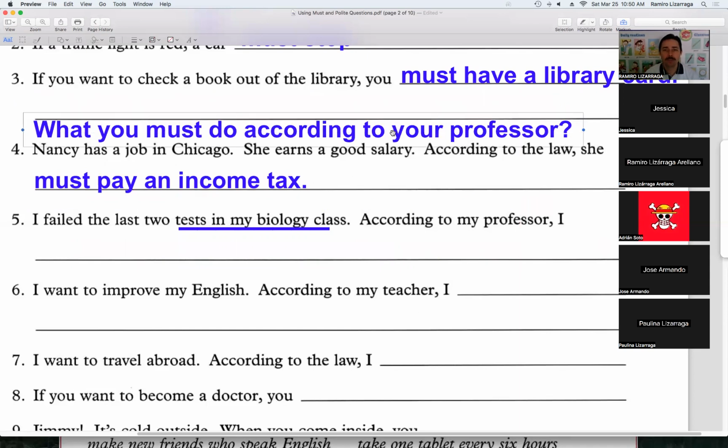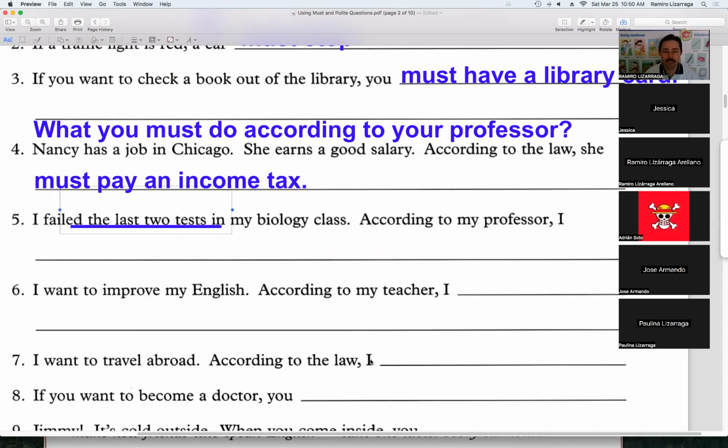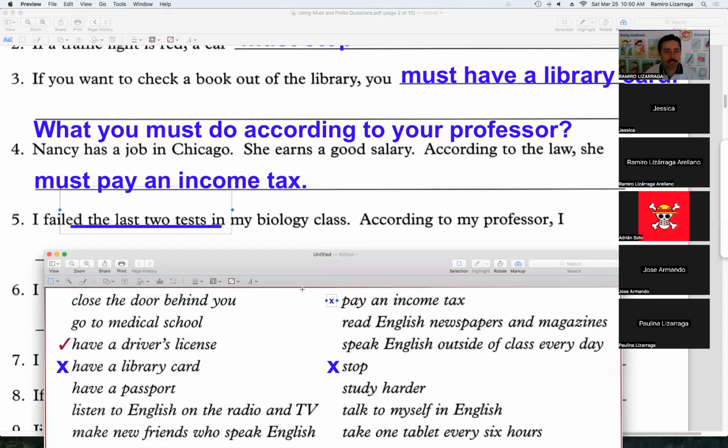Aquí le tengo. Vamos a ver las opciones. Recuerden, we failed the last 2 tests in biology class. So what we must do. Vamos a ver. We must close the door? No. We must have a passport? No. We must listen to English on the radio and TV?